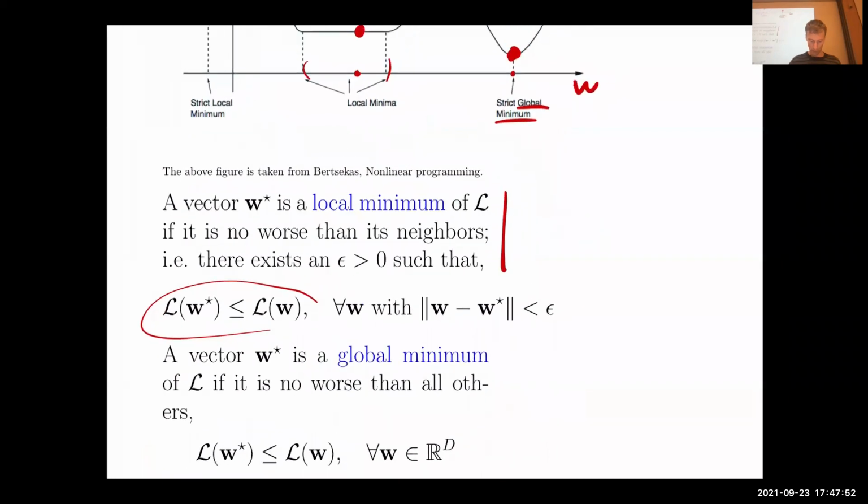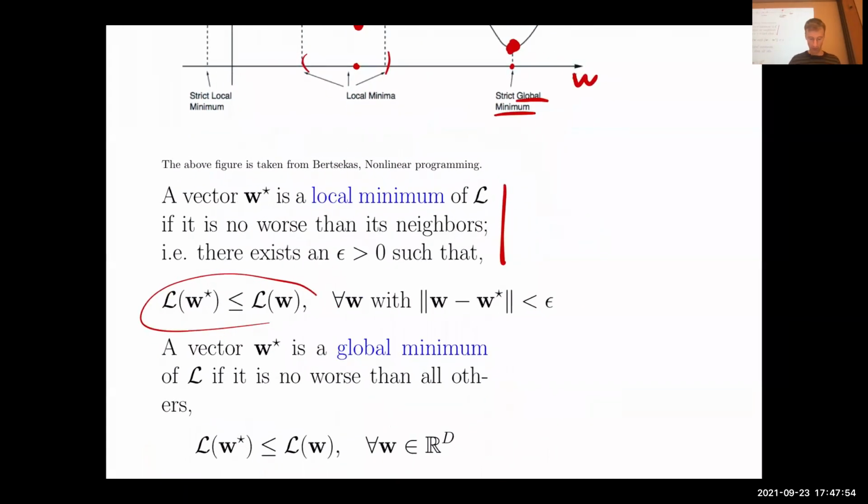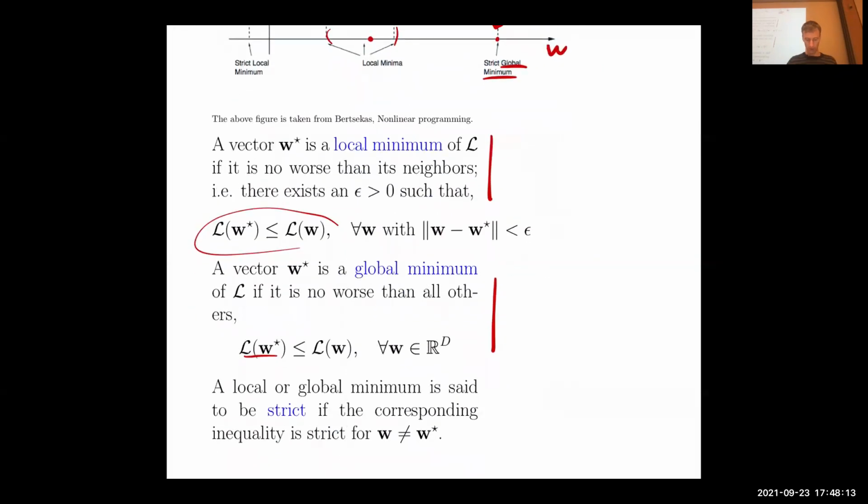And then the global one, of course, is even easier. That's what global means, right? It means it's the best of all globally. So you're better than every other candidate globally as a W. That's a global minimum. And then a very small technicality is that some optima are strict or not.